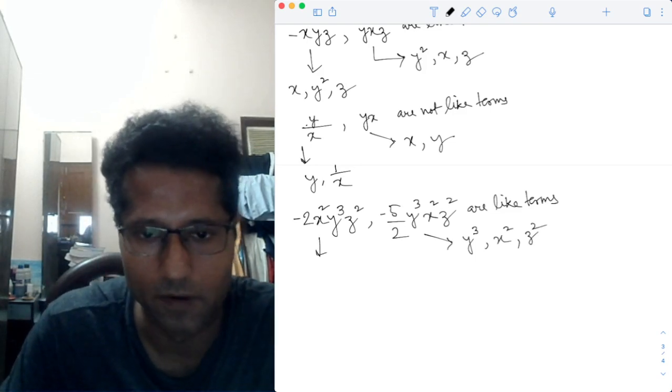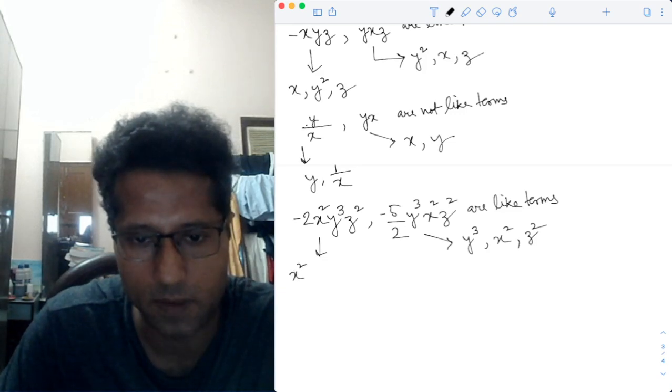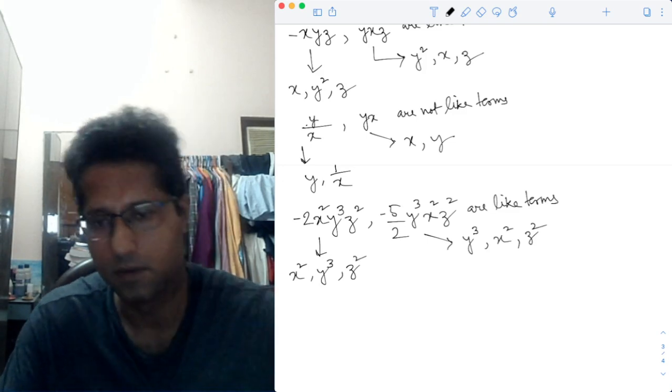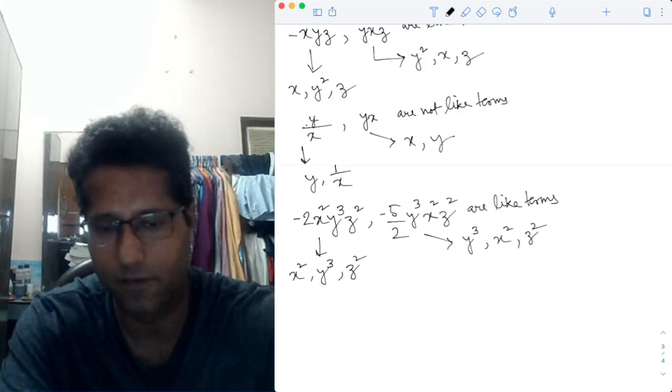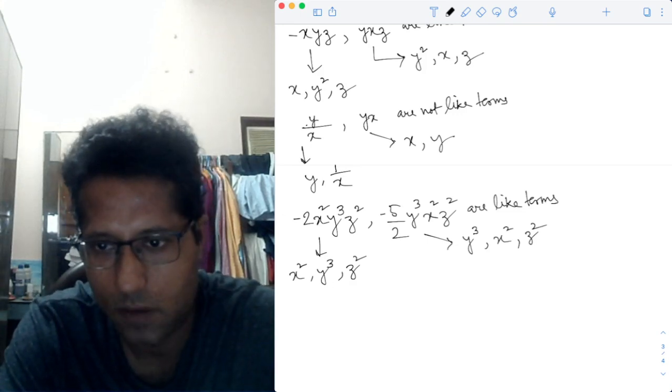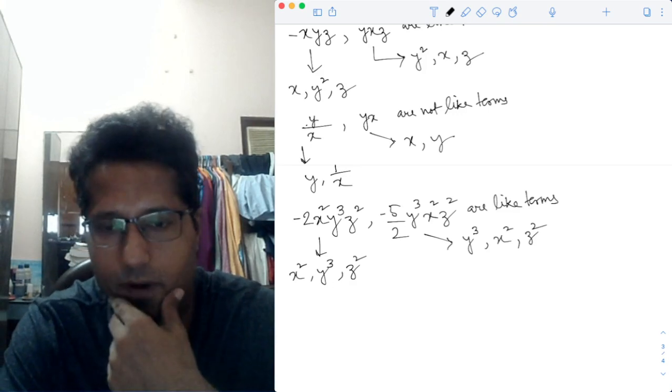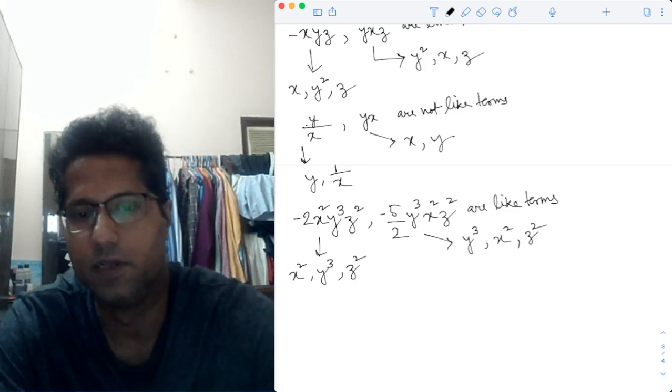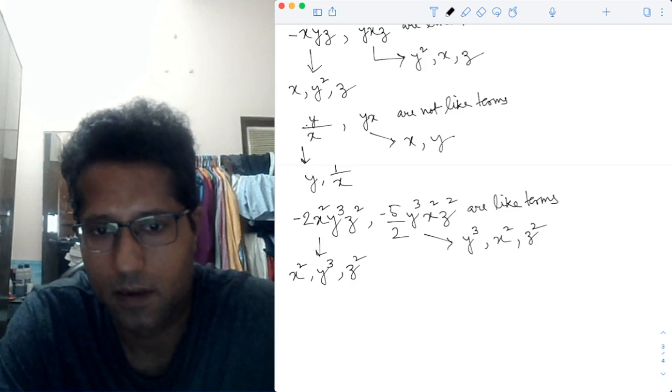In the other, the literal factors are x square, y cube and z square, and you see both terms have the same list of literal factors. So this is the definition of two terms being like.